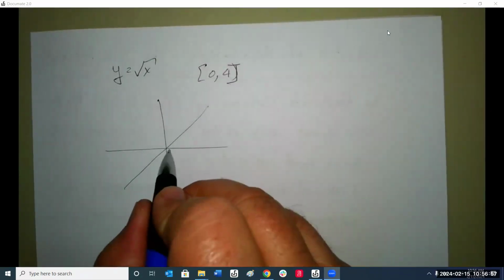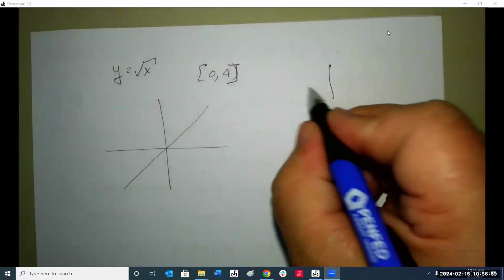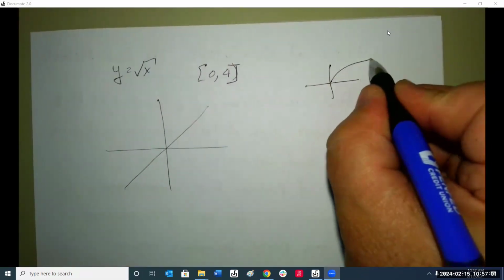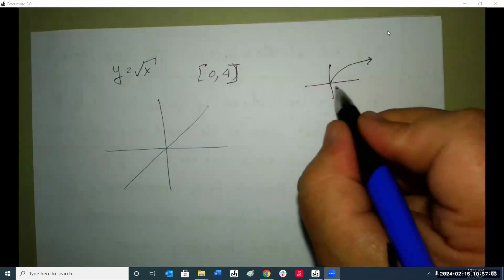So what this looks like is, well, the square root of x looks like that.